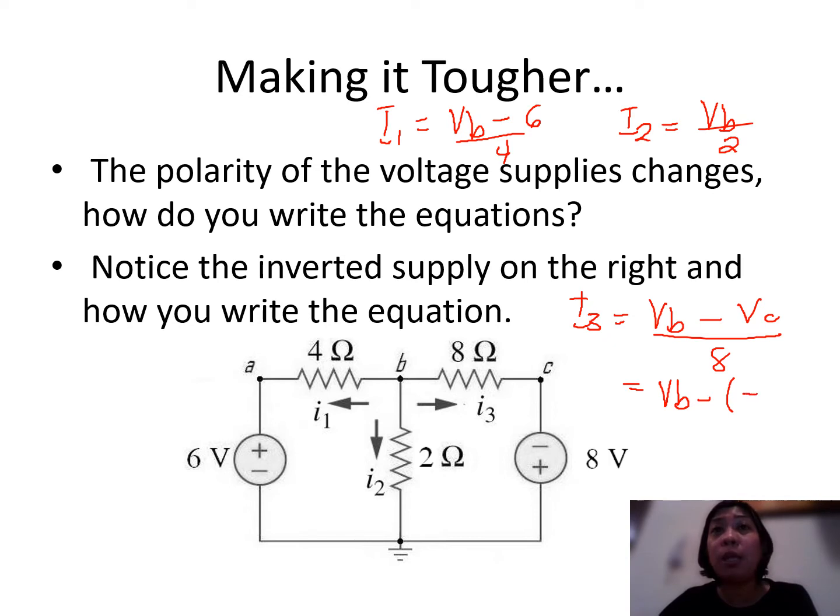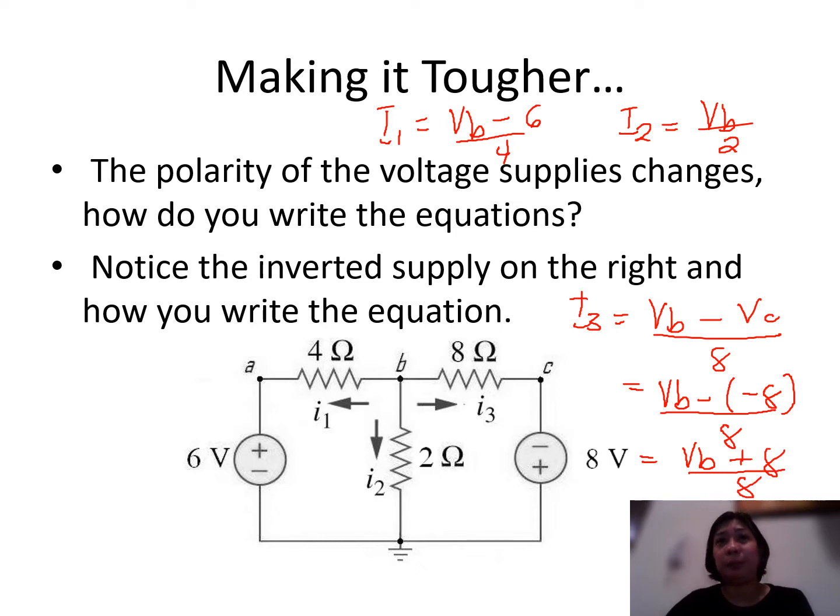So we have here minus 8, divided by 8. So this will just become VB plus 8 all over 8. So this will just become positive instead of negative. So kindly take notice of the inverted supply.